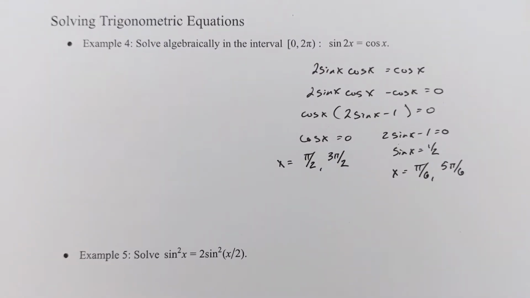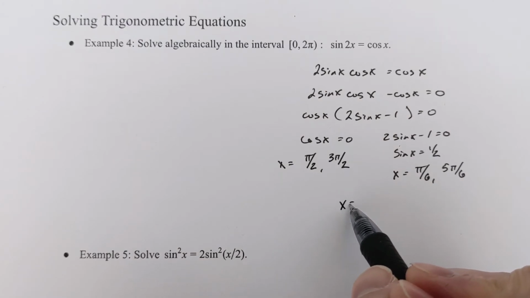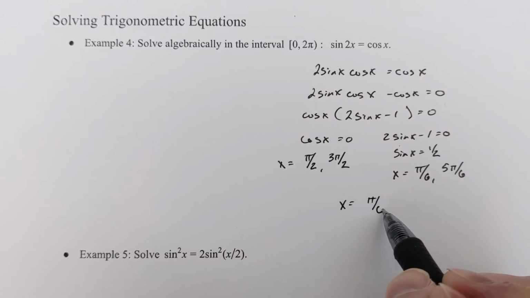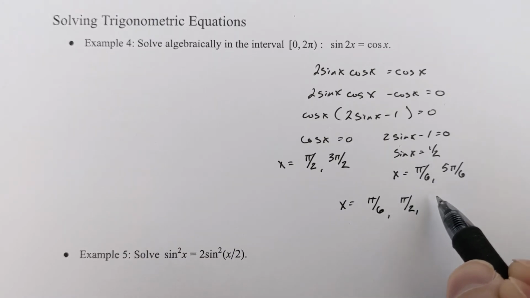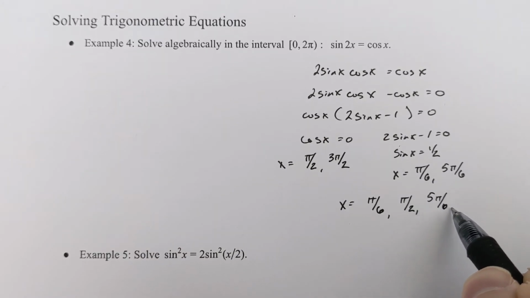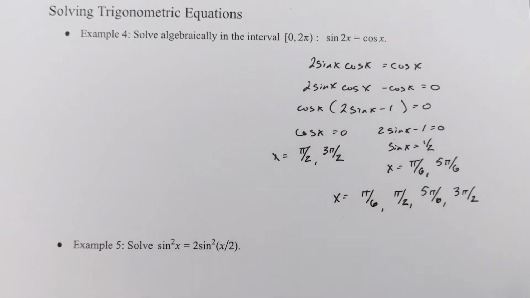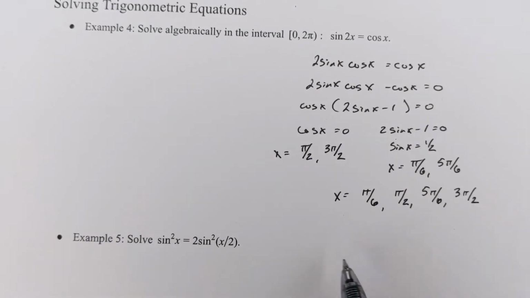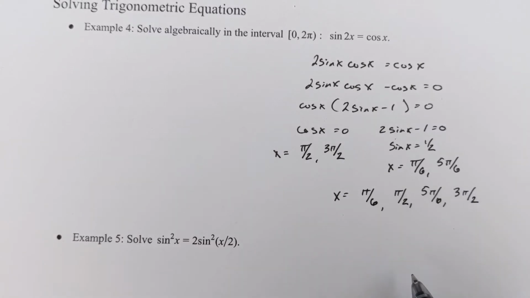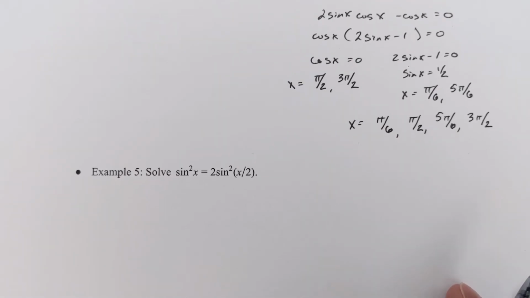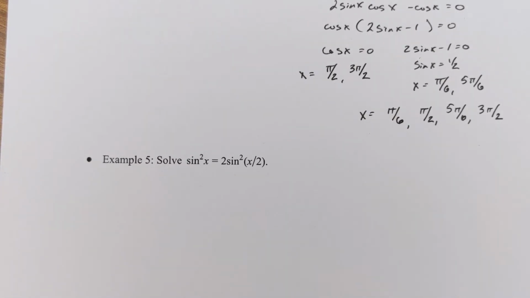So there are 4 angles that solve that equation: pi over 6, then pi over 2, then 5 pi over 6, and then 3 pi over 2. Now, if it said find all, I would just put plus 2 pi n after each of these.